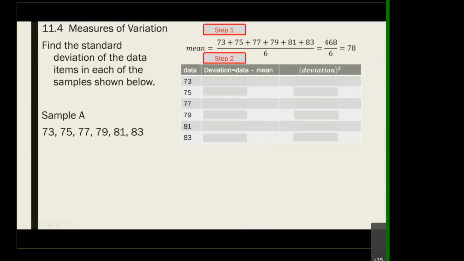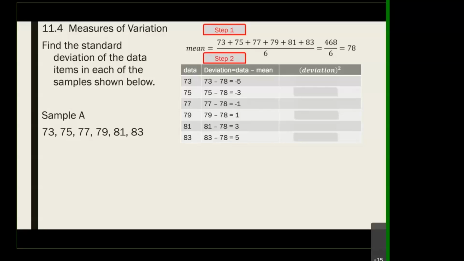Then step 2 is I need to find my deviation. The deviation is basically the data minus the mean. So my data is 73 minus my mean, 78. Again, step 2, data minus the mean: 75 minus 78, 77 minus 78, 79 minus 78, each of my data minus my mean.